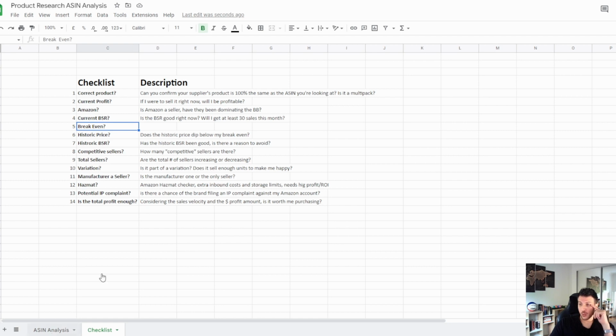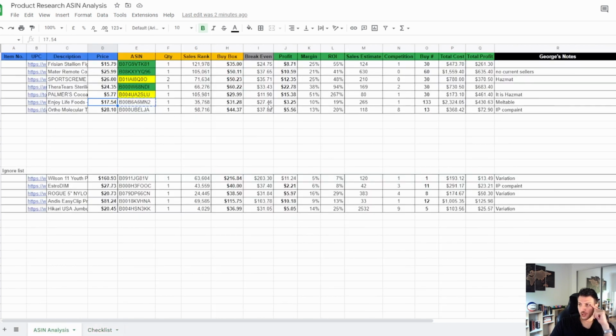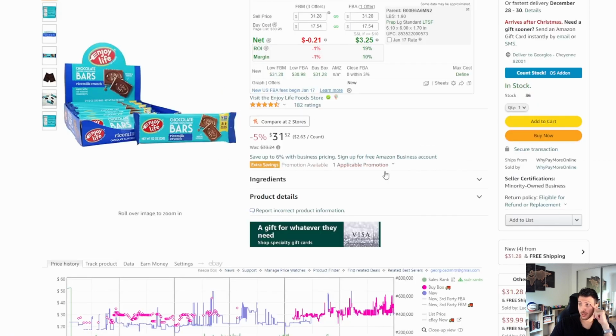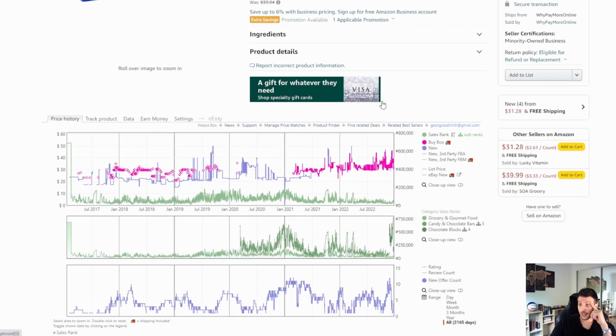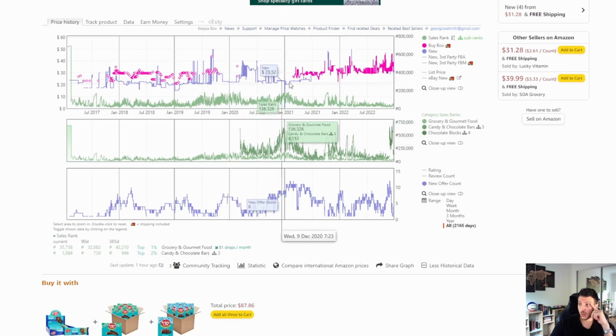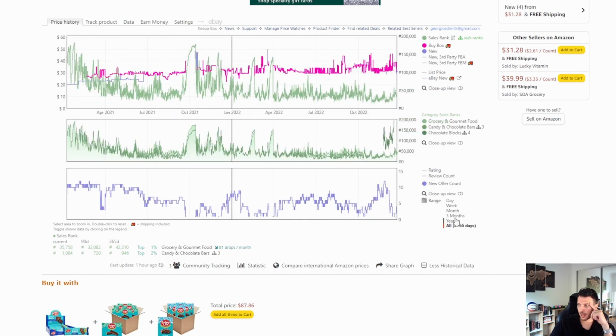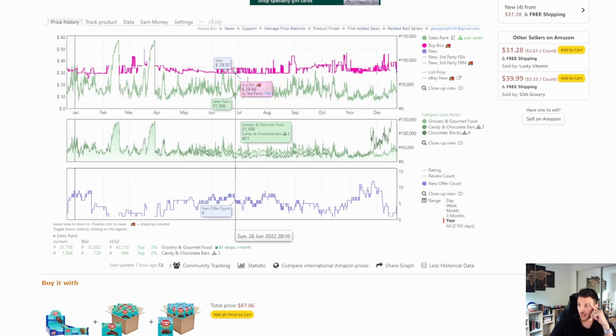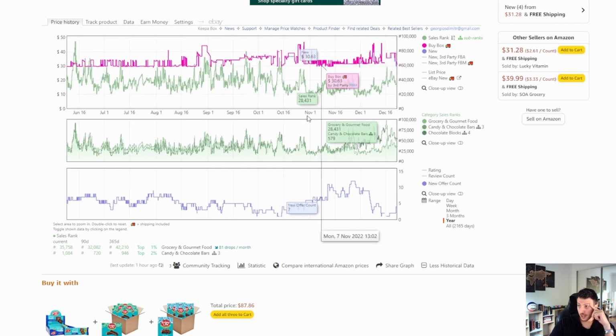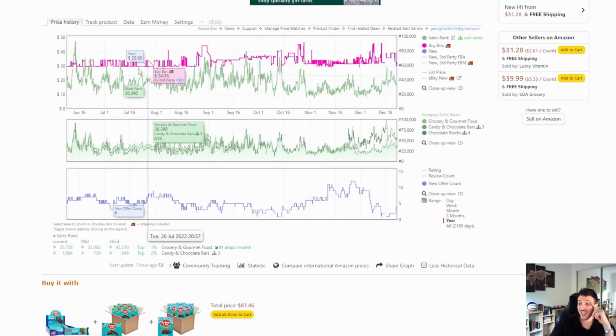Our break even, we calculated earlier that the break even is $27.46. So let's look at the break even and look at that historically. I'm just going to dive into this, the last year roughly, the last 6 months actually. All right, so the last six months. So we said our break even was roughly $27.50.